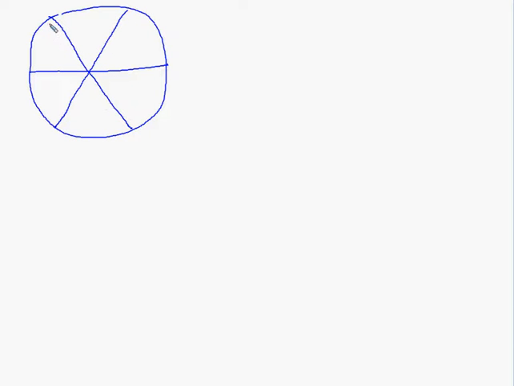And let's say this is shaded, and this one's shaded, and this one's shaded. And then let's number them. 1, 2, 4, 6, 5, 3.